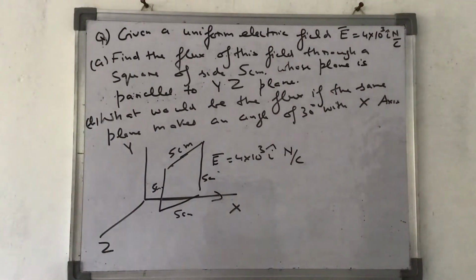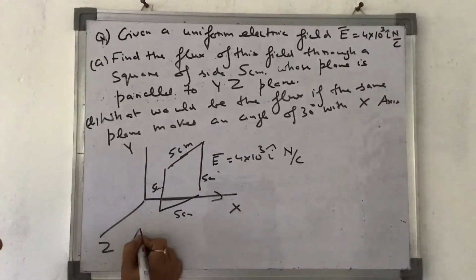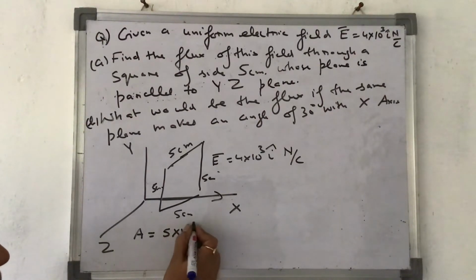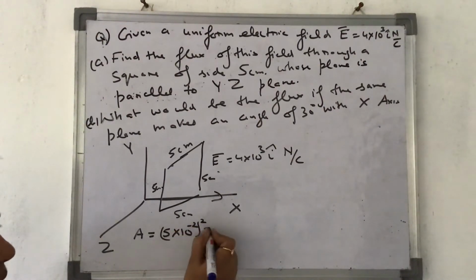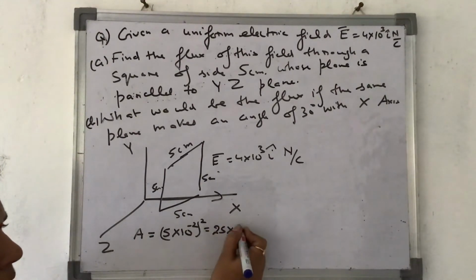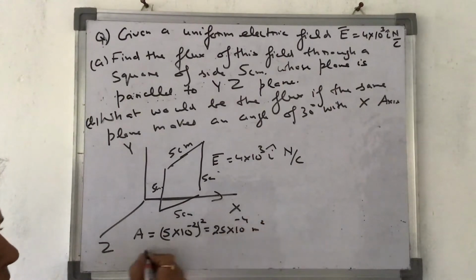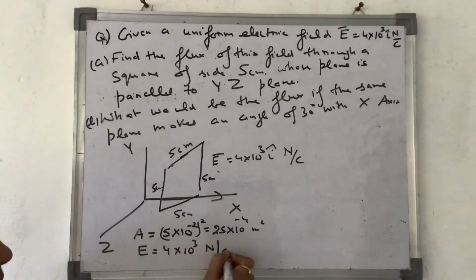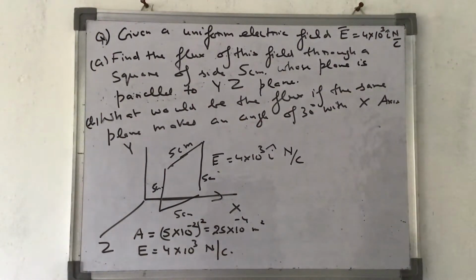In this case, first of all, I find out the area. Area is equal to 5 square, but it is 5 centimeters, so (5 into 10 raised to minus 2) whole square, which becomes 25 into 10 raised to minus 4 meter square. Electric field I also have, equal to 4 into 10 raised to power 3 Newton per coulomb, just taking the magnitude. Now what is the electric flux?